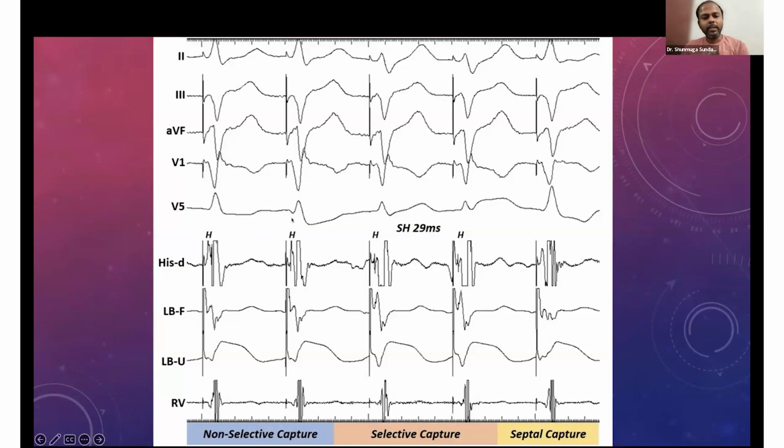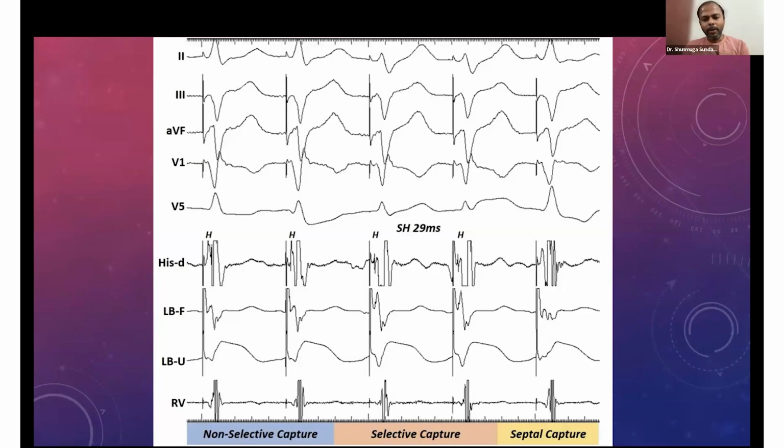There is no S here during non-selective capture, but you can see an S wave as there is a selective capture. Similarly, in lead 2, it was a tall R wave when there is a non-selective capture, but when there is a selective capture, there is a reduction in amplitude in lead 2. I didn't show the aVR here. The aVR will have a more rounded configuration when it has a selective capture of the left bundle.